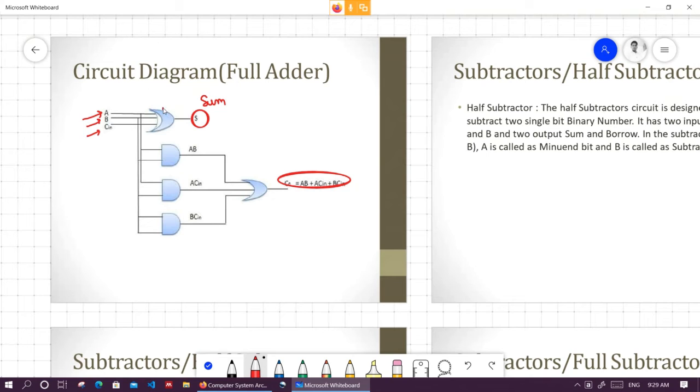So we have used a 3 input XOR gate, and 2 input AND gates, and there is one OR gate. So this is the circuit for full adder.